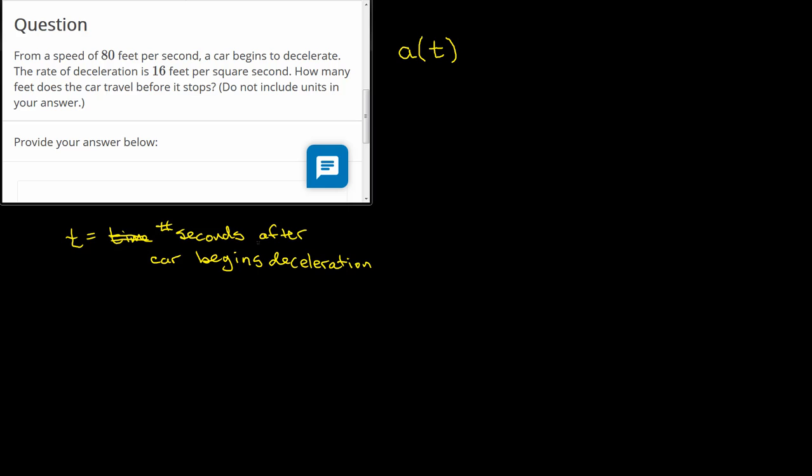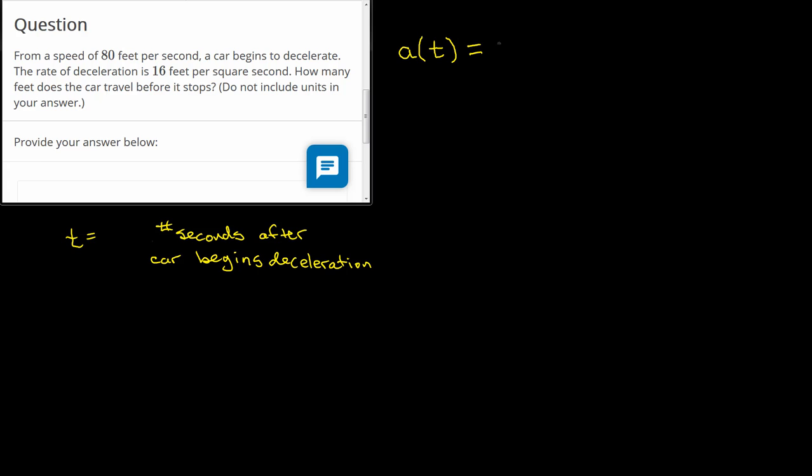T is the number of seconds that the car is decelerating for. If I'm visualizing the car running into jello, t is the number of seconds after the car initially hits the wall of jello. And then what's that function equal to?